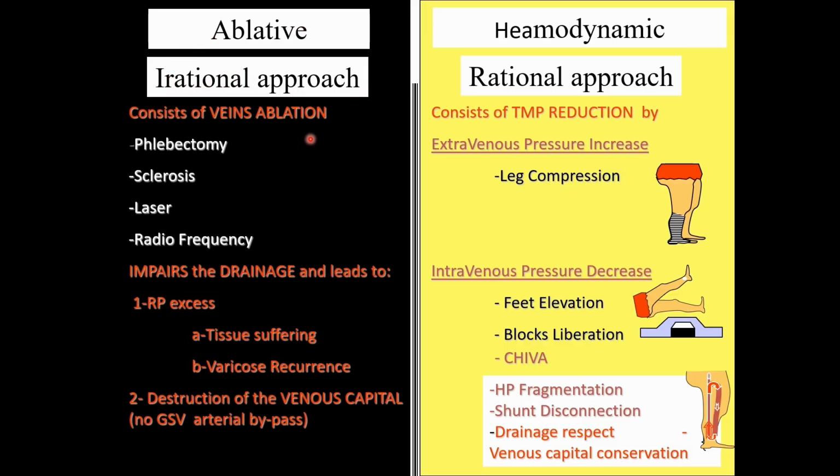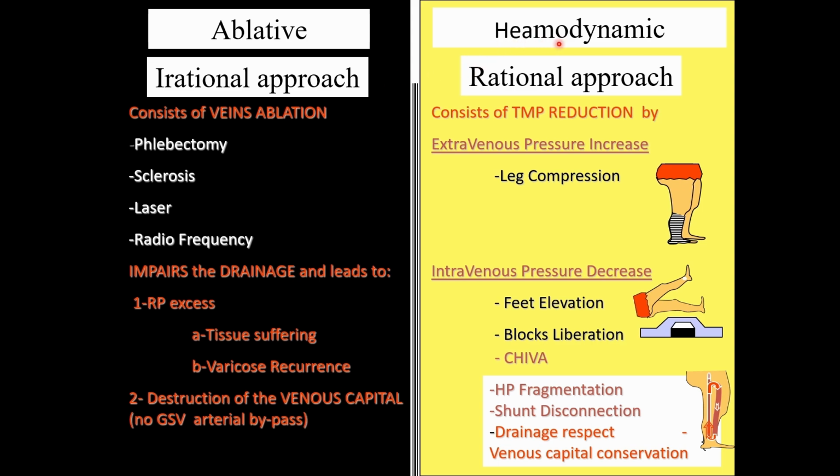It consists in vein ablation, phlebectomy, sclerosis, laser, radiofrequency, because it impairs the drainage and leads to residual pressure excess with tissue suffering, varicose recurrence, and destroys the venous capital. No more great saphenous vein for a vital arterial bypass.